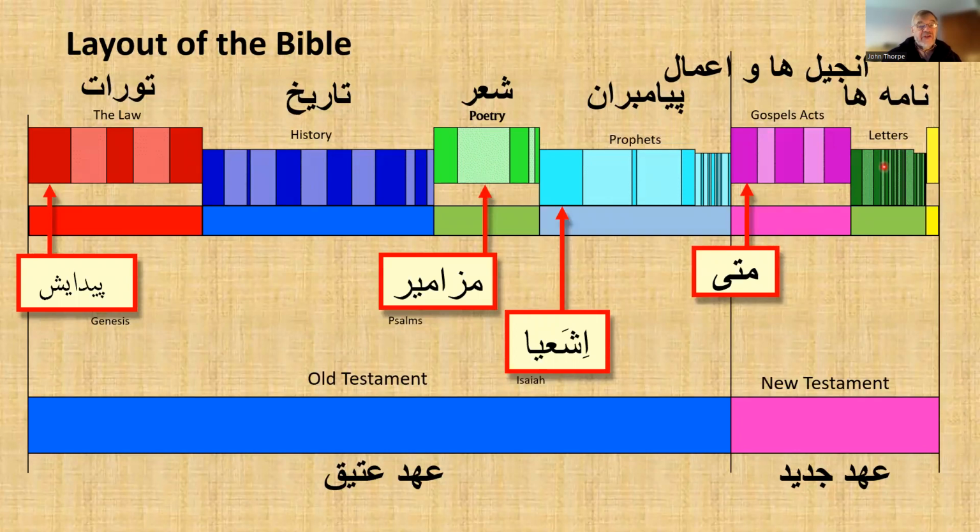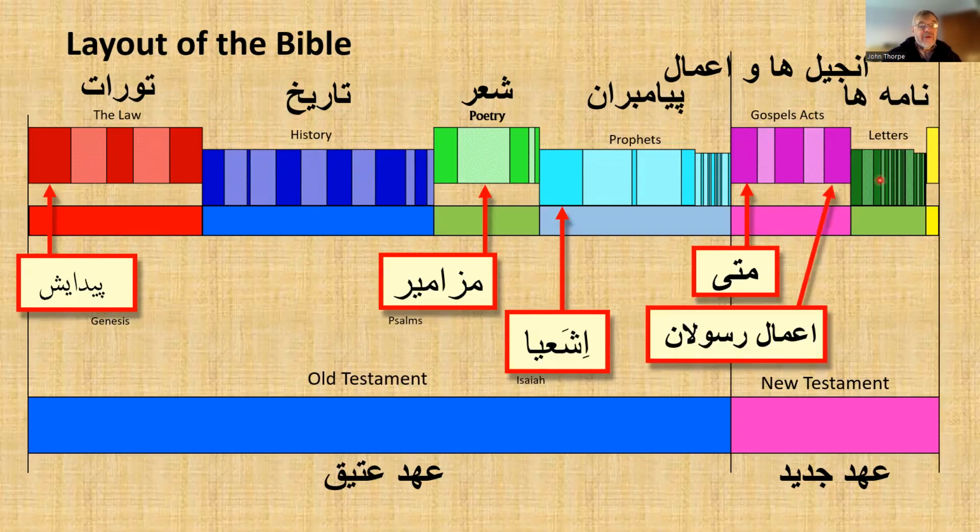Then we have a series of letters. We have a series of letters which were written by the apostles to groups of Christians in the decades after Jesus had been raised from the dead.